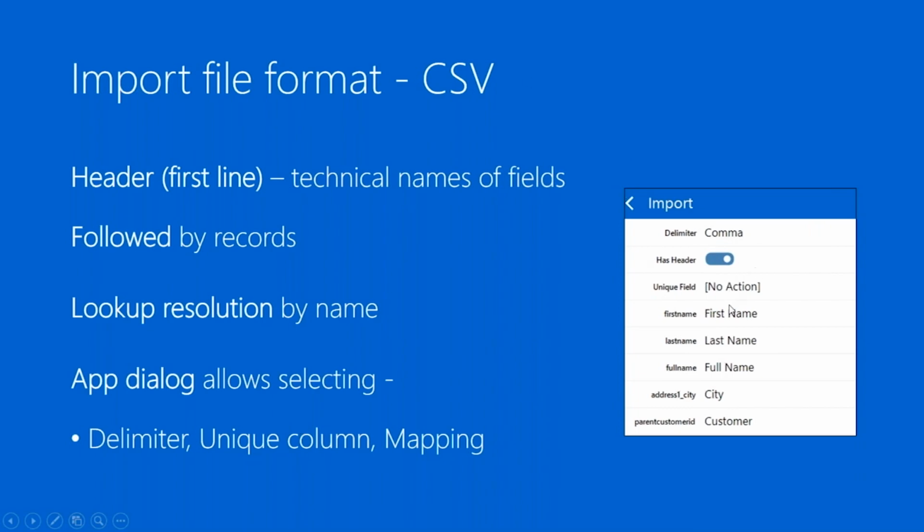If it has headers, you can also define which fields from the CSV file will map to fields in the entity, so you can select that here. But also if you select one of the fields as unique, the application, when it finds a record with these fields already present, it will skip that record, so it will not insert it into database.